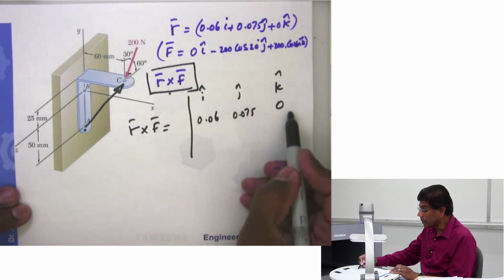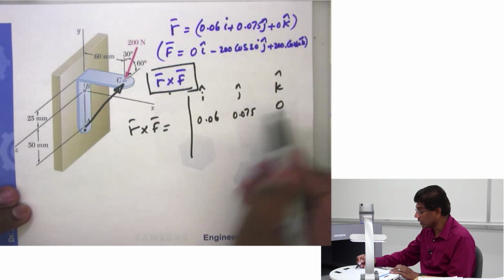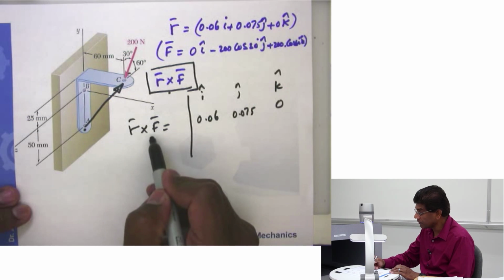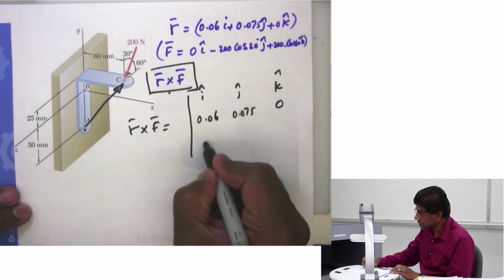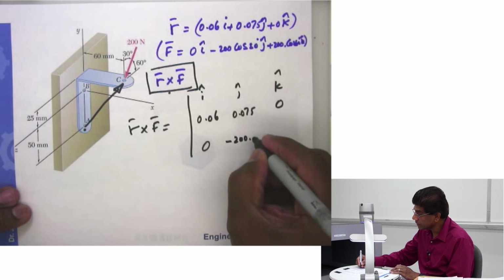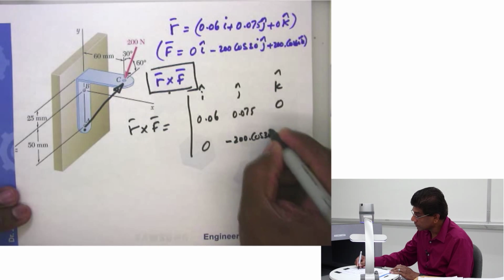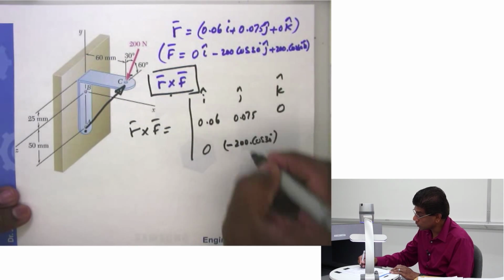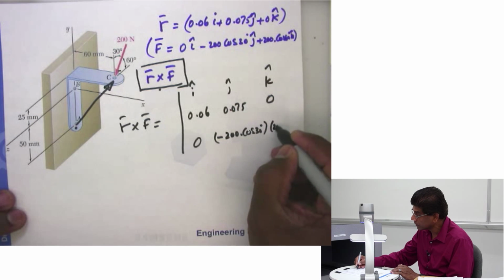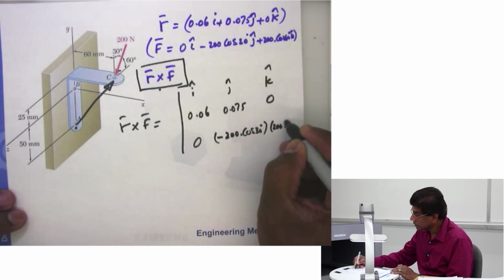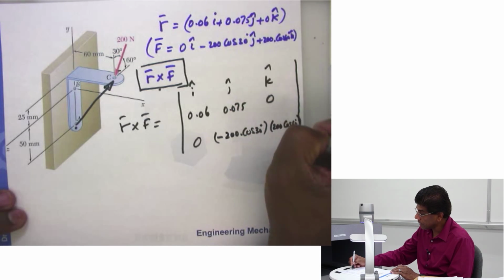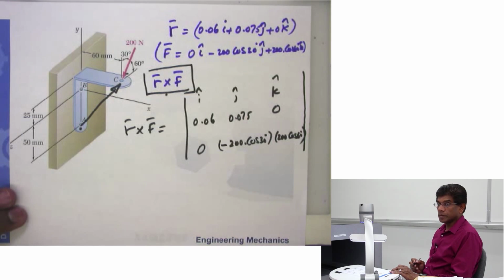So this row belongs to the components of the position vector. The next row belongs to the components of the force vector, which in this case is 0, negative 200 cosine 30. Remember, this is just one component of y, and the last component, I'm going to squeeze that in here, 200 cosine 60 degree. And that's my determinant form.